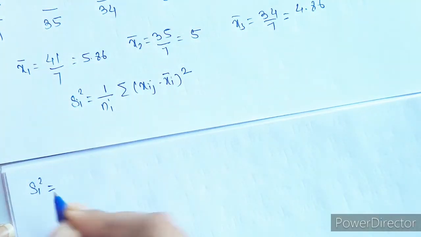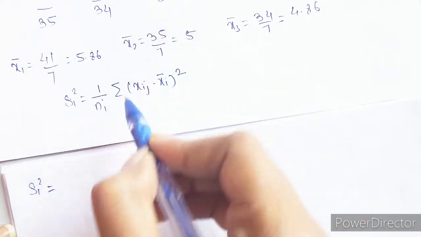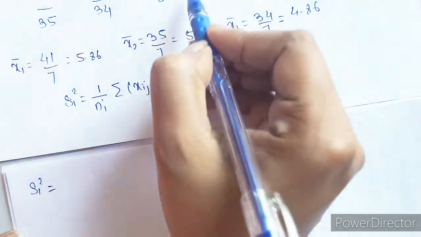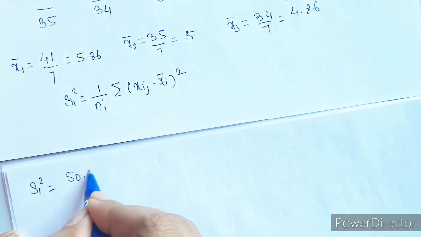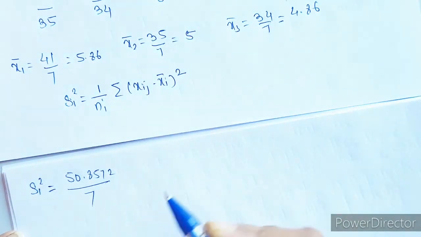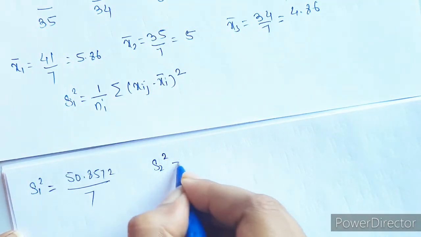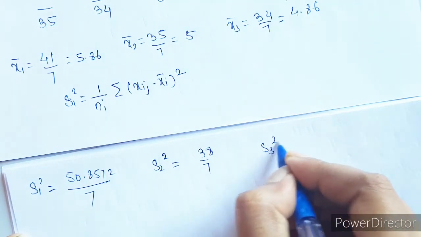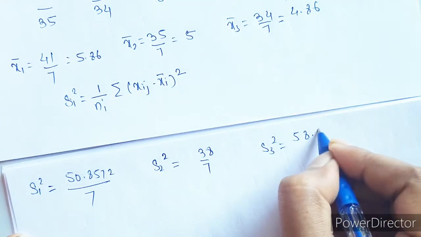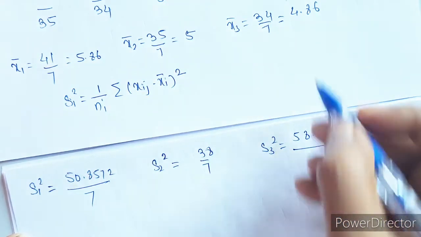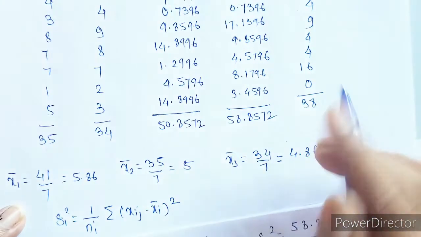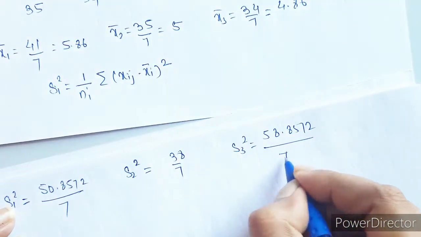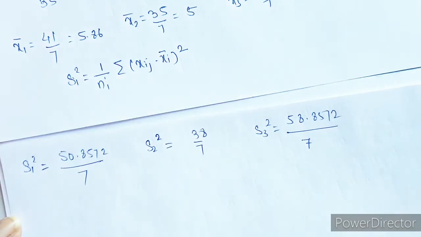Now S1 square is nothing but summation of x1j minus x1 bar whole square. Right? So this value which is 50.8572 divided by 7. Standard deviation of the second one is 38 upon 7 and of the third one is 58.8572. Sum of all this, right? The third values divided by number of terms, that is again 7.